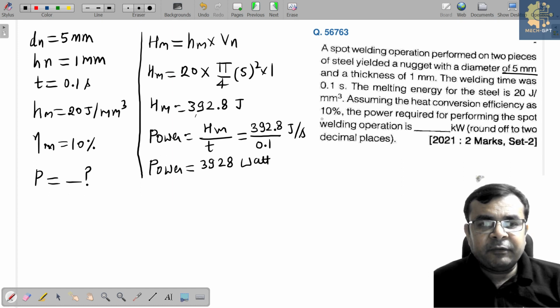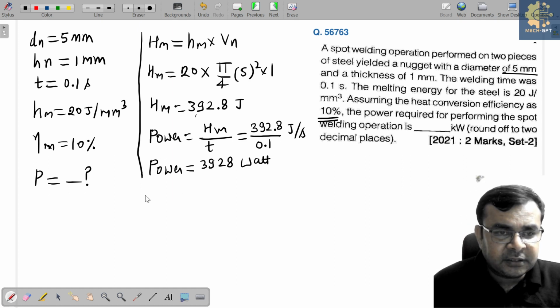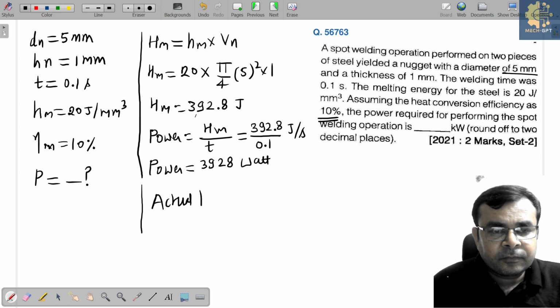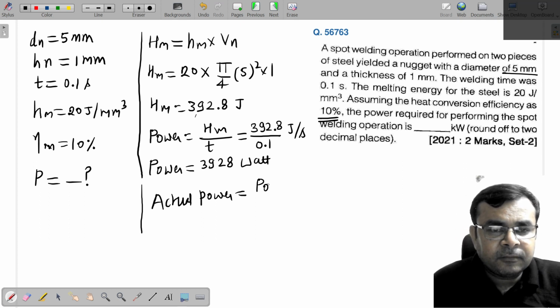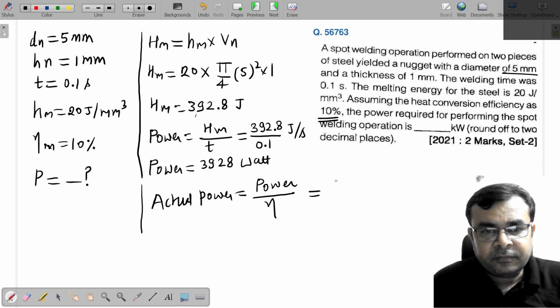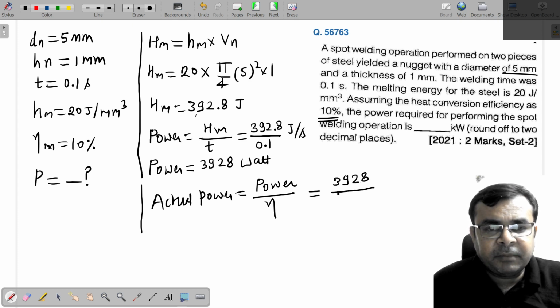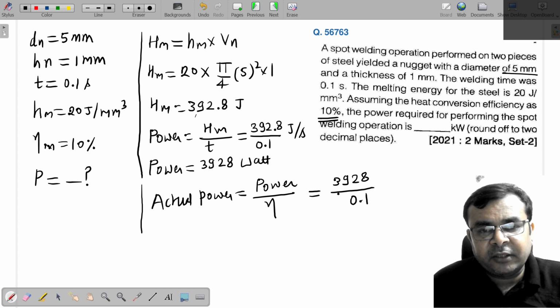Correct. But the conversion efficiency is given here, that is 10%. So actual power, if I calculate, can I say this is nothing but the power divided by efficiency. So 3928 over 10% efficiency, means 0.1.